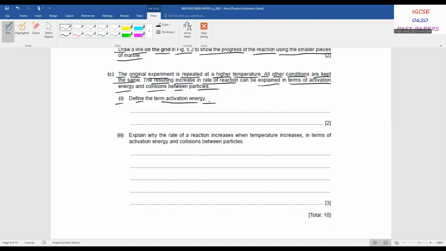So you can write minimum amount of energy that colliding particles must have.